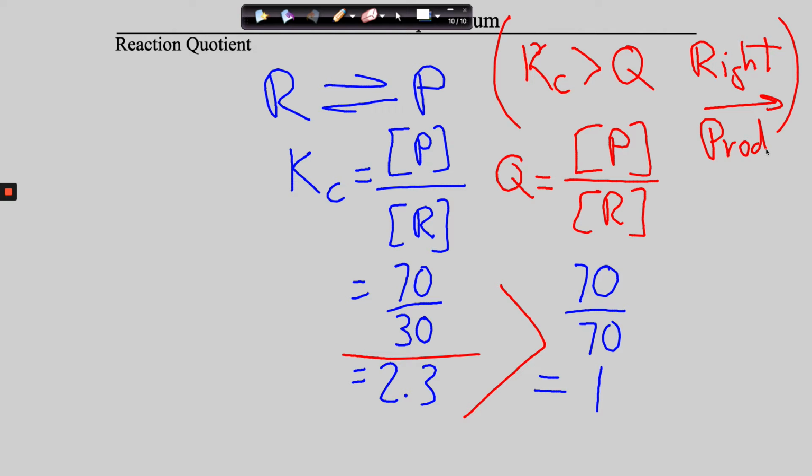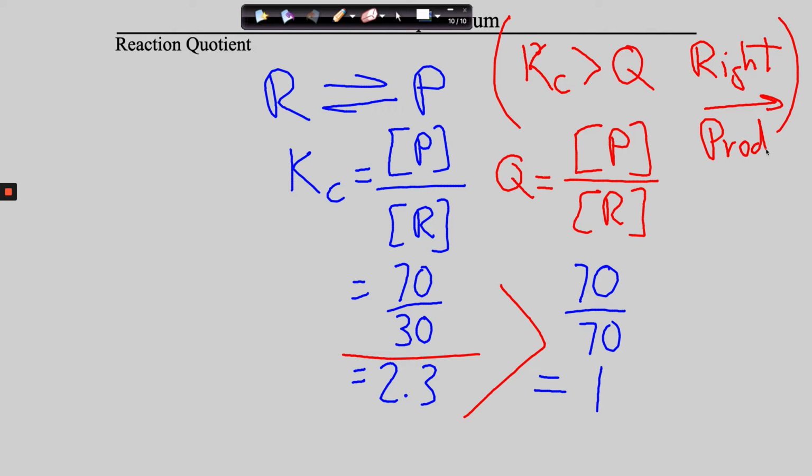Sorry. Let's go back to 70. Okay, so there we are at 70. But now guys, let's go in the other direction. In this example, we added reactant. Now let's look at the other example, and let's add product. And let's take this up to 90. Hey, again, that's math I can do.